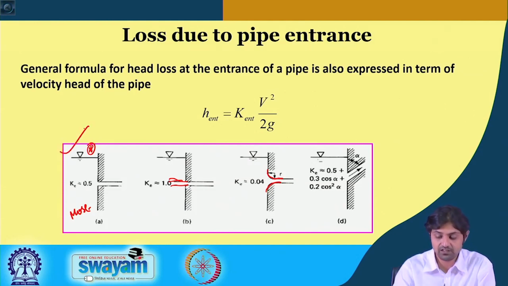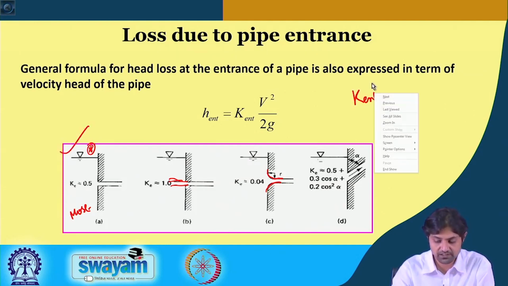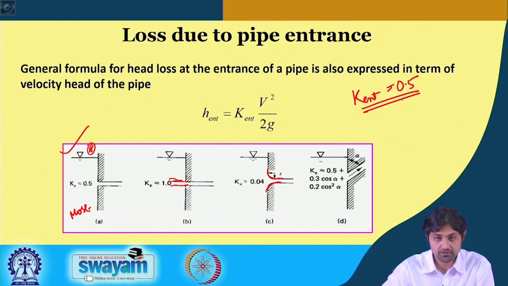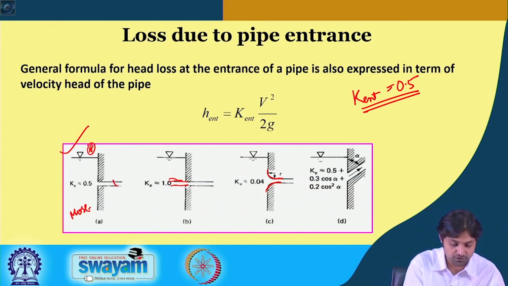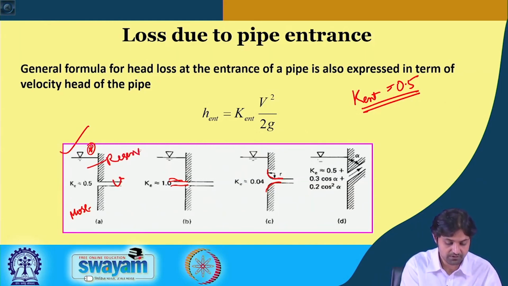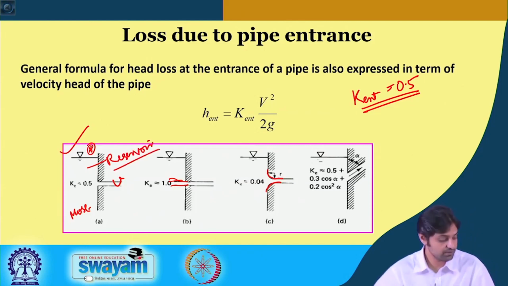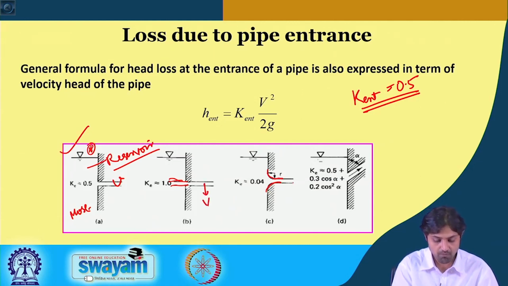So K entrance, if nothing else is given, is 0.5, and V square, of course V should be calculated here, because this is a reservoir. In a reservoir there would be very little velocity, so the velocity should be taken here.